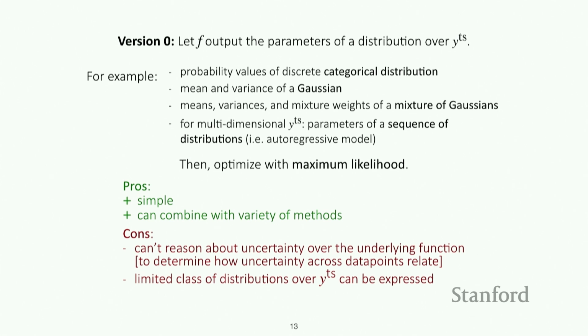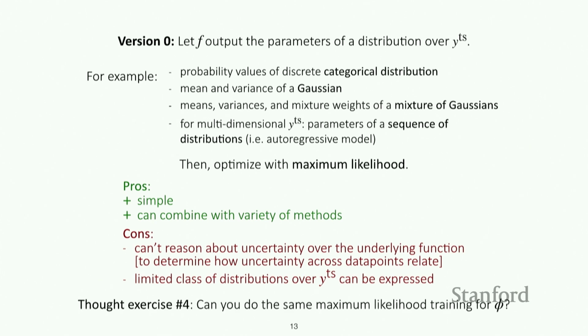Okay, so this is version 0. Now, the first downside here is that we can't reason about the uncertainty about the underlying function. So one very natural thing to think is, can we just do the same maximum likelihood training, but over the model parameters phi? Does anyone want to comment on how we could or couldn't do this?